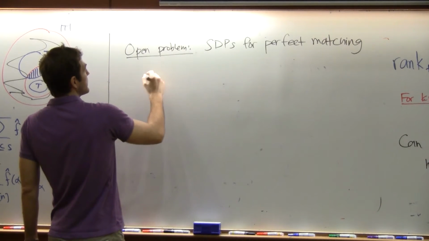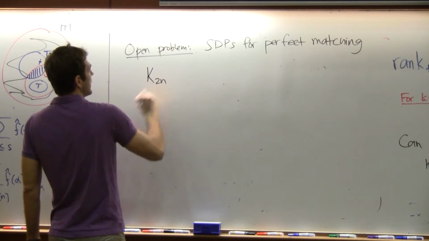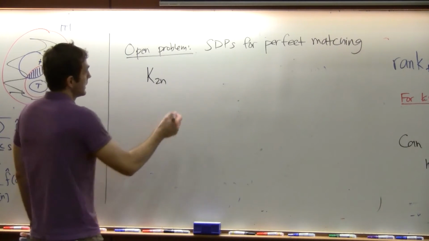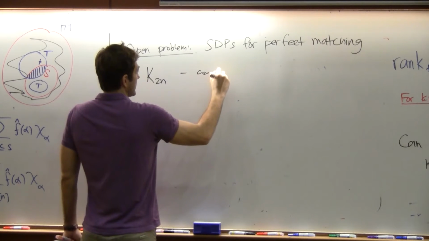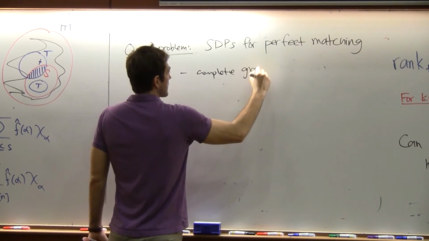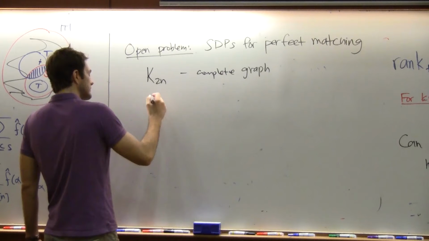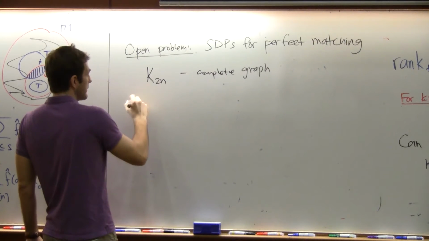Okay, so let K_2n be the complete graph on 2n nodes. Just like this. This is the complete graph. And then define the following matrix.